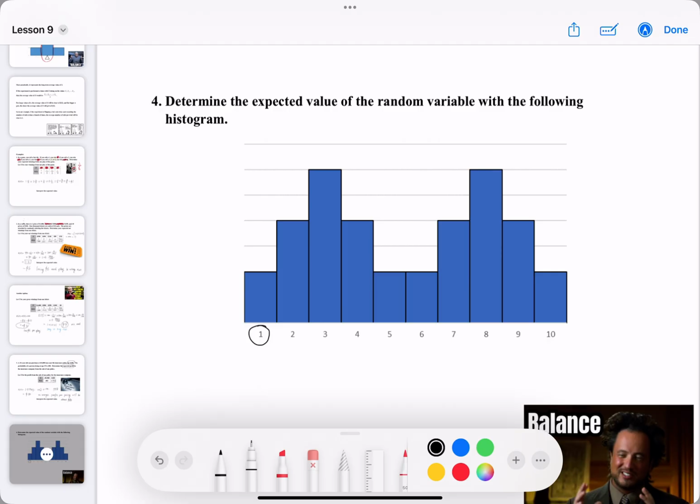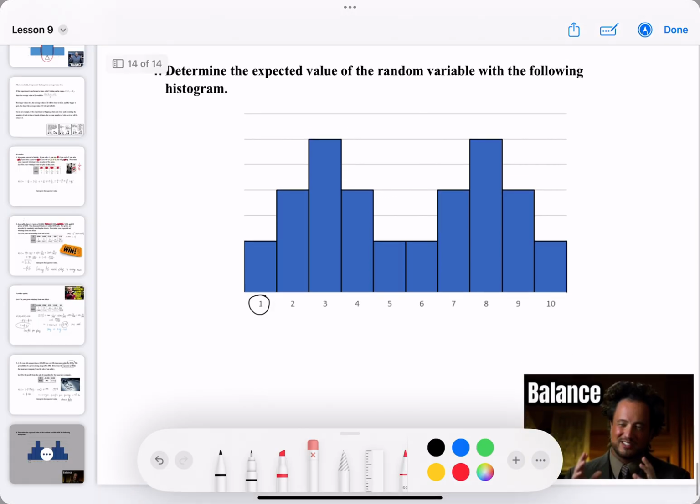In the histogram, the horizontal axis shows the random variables, and vertically this represents the probability, for example 1/10, 2/10 or 3/10. But now I don't have the vertical numbers. It doesn't show me any information about each variable's probability, so how do we find the expected value?